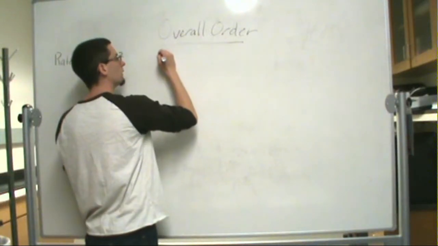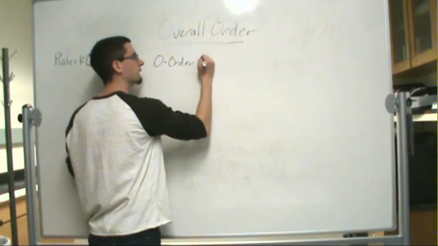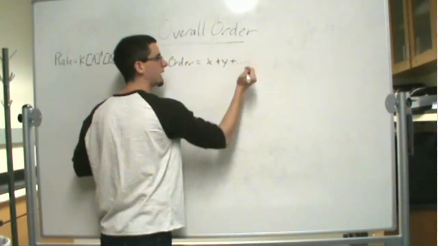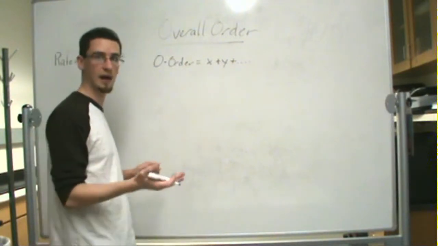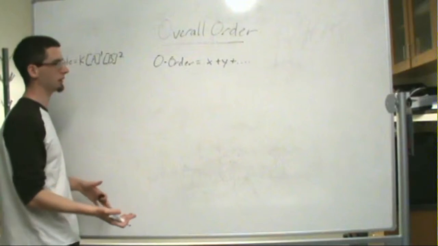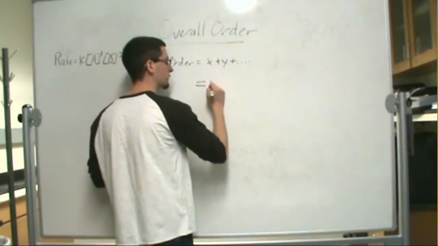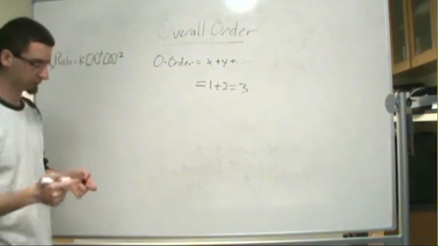So overall order is equal to x plus y plus so on, if you have something larger than a bimolecular reaction. If you go up to a trimolecular reaction, you'll have to add up all the orders. In this case, it's just 1 plus 2. So our overall order is 3.